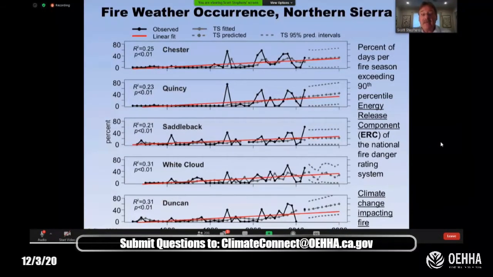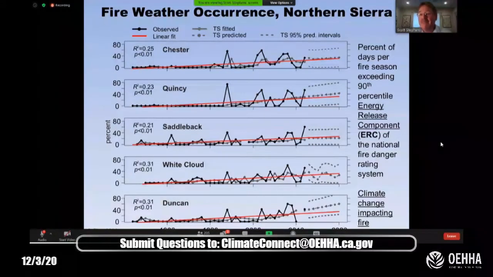You can see here from multiple stations of actual weather data, and then a projection off to the right, where you see the dotted lines, what's happening to the energy release component since around 1980, and we see increases, and these are real. So yes, there are multiple lines of evidence that climate change is impacting fire in this state, and no doubt it is going to continue.